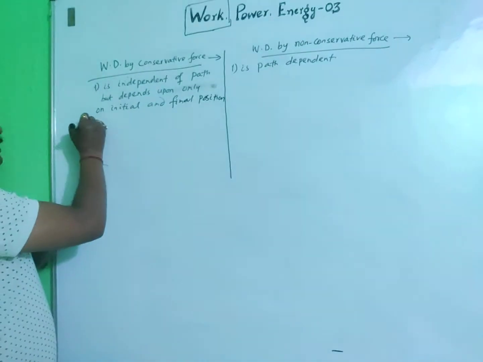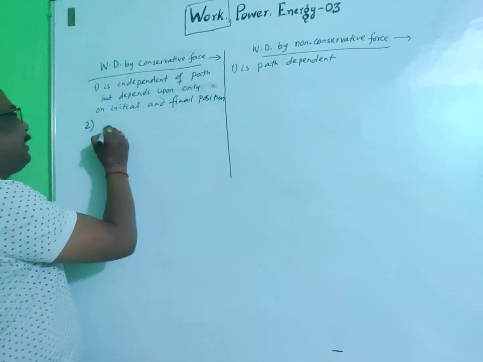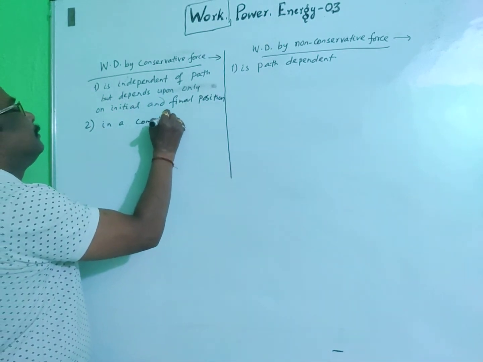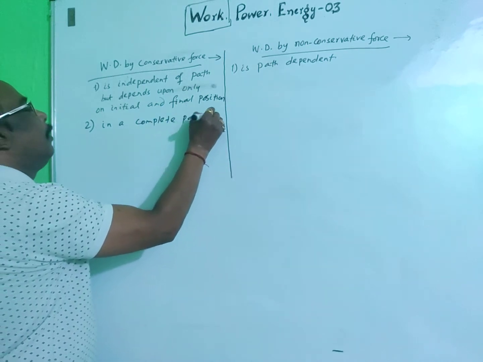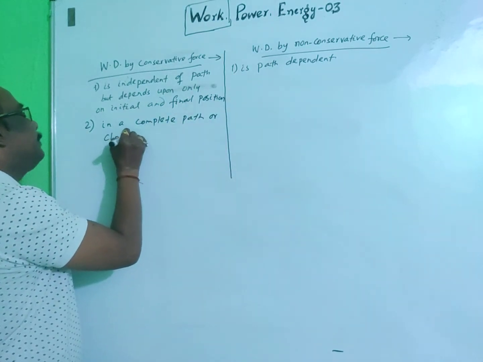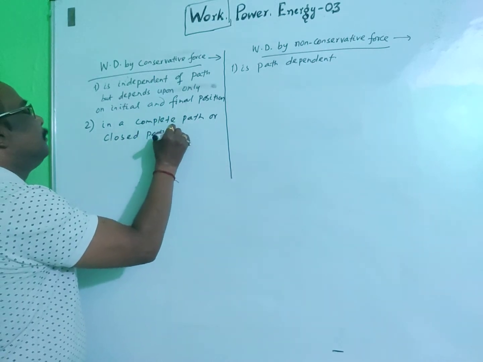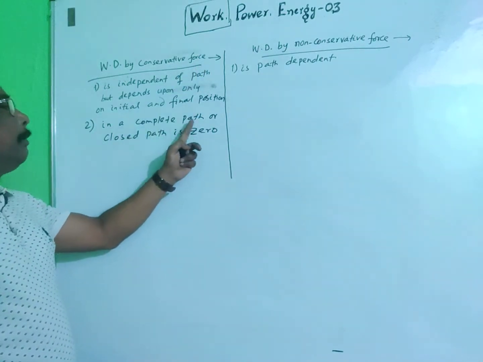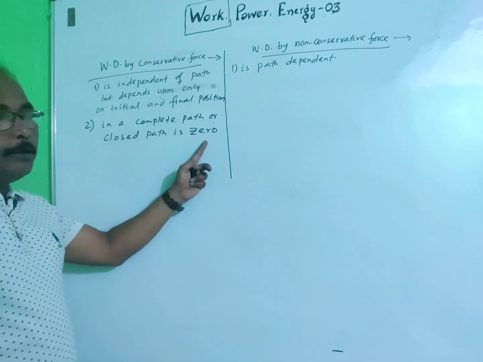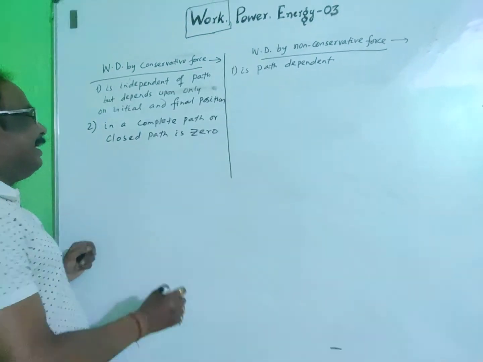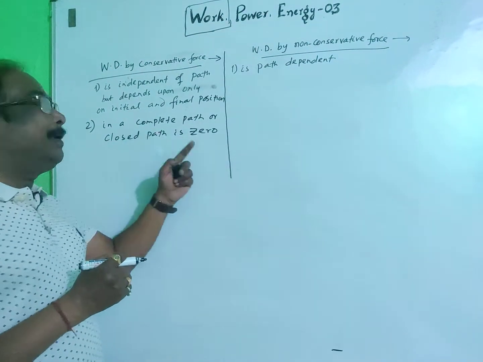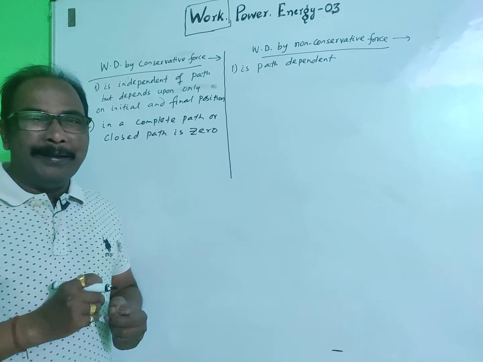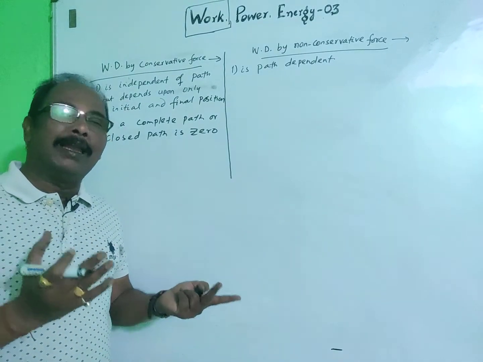Second point, work done by conservative force in a complete path or closed path is 0. It means if displacement is 0, complete path means the initial and final positions coincide. Where there is initial point, there is final point.